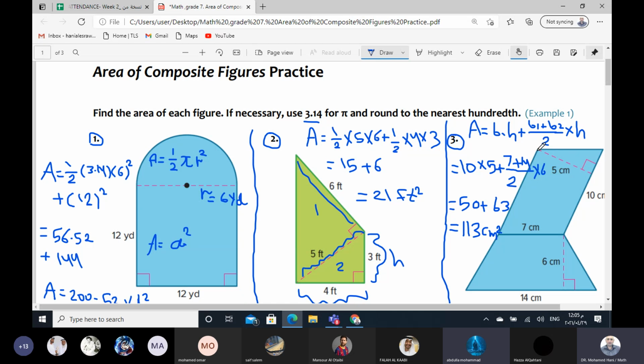How did you get his area? Here, this triangle inside where? Inside the parallelogram. So no need to find the area of this triangle. So we count it in the parallelogram. Yes, I found the area of the parallelogram. Okay? Okay. Thank you, Mr. Welcome.